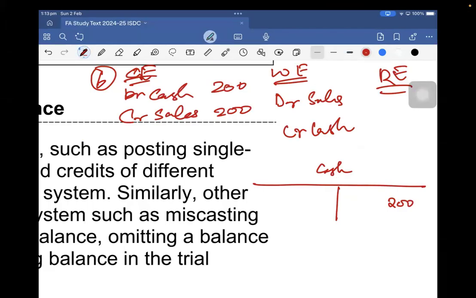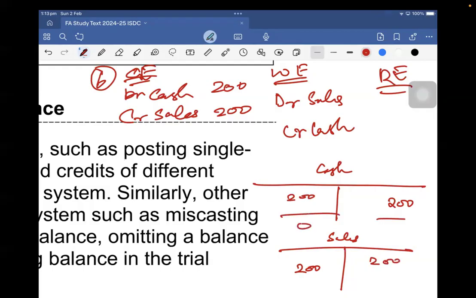So the wrong entry that they took is they took the 200 on the credit side of cash and the debit side of sales, right? So if you adjust the entry by just 200, this 200 would be given here and this 200 would be given here and the balance is zero, right?